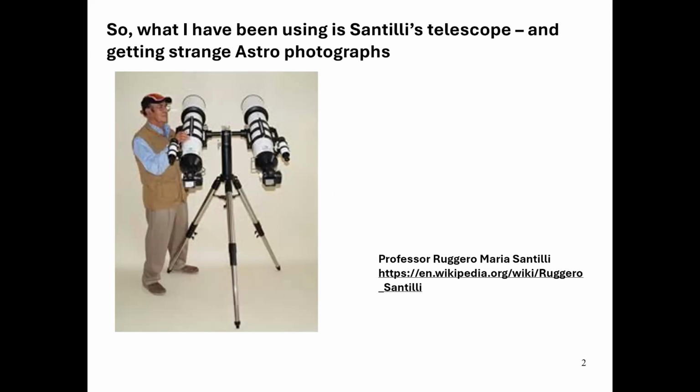The telescope setup consists of a normal telescope and a Santilli telescope with a concave lens. If you look at the picture here, you're supposed to have two cameras on the end of it. So you take a photograph with the normal telescope, then you take a photograph with the Santilli telescope, and you compare the photographs.